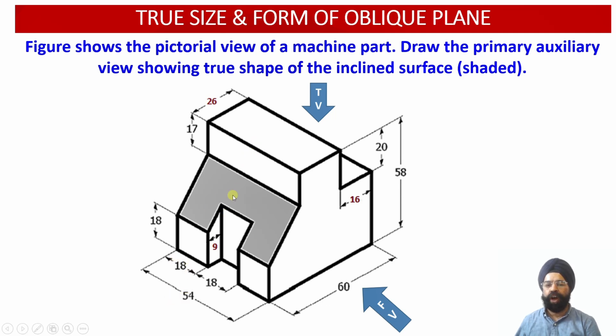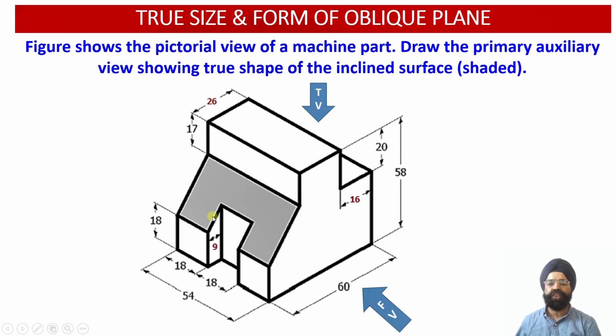Now once we draw an auxiliary inclined plane parallel to this sectioned inclined surface, we get the projections of these 8 points over here, so we can see point number 1, 2, 3, 4, 5, 6, 7 and 8. So there are 8 points which define this inclined section surface of the solid.